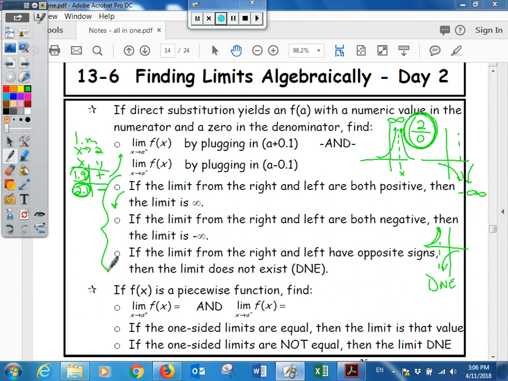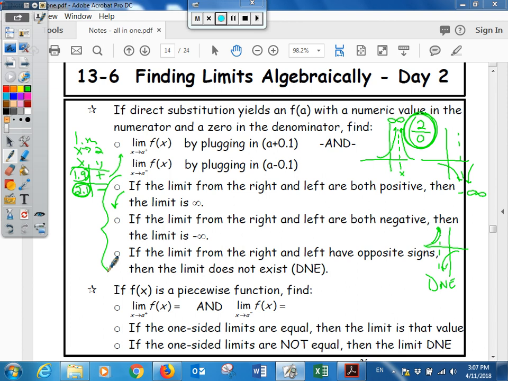Then we're also going to look at some examples of piecewise functions where we're finding the limit as x approaches the value where that piecewise function splits. In that case, you have to look at the one-sided limits. You've got to look from the left and from the right and see if they are the same.